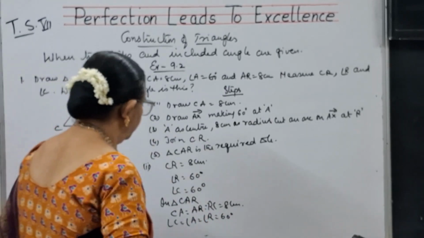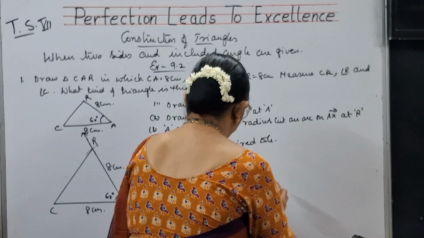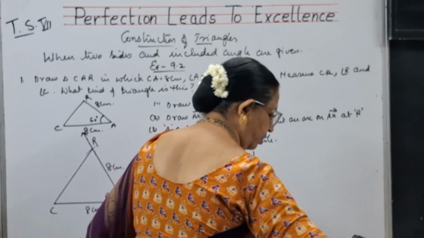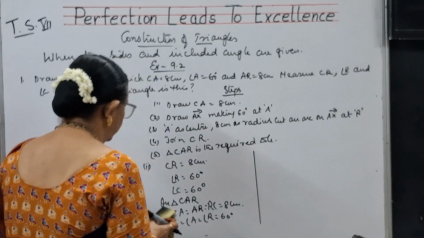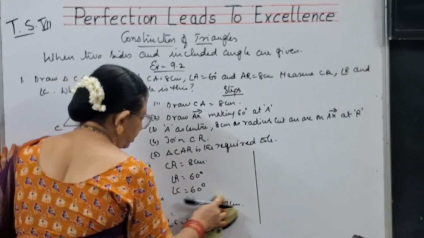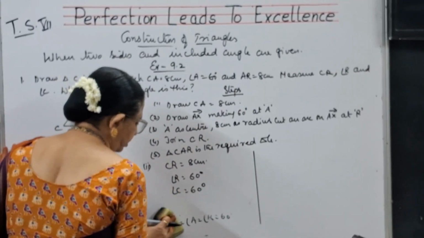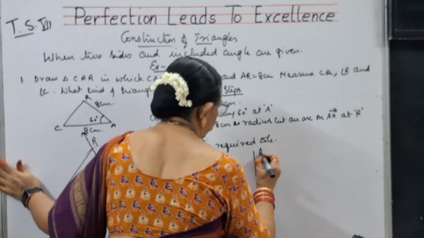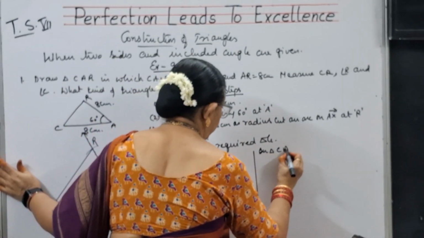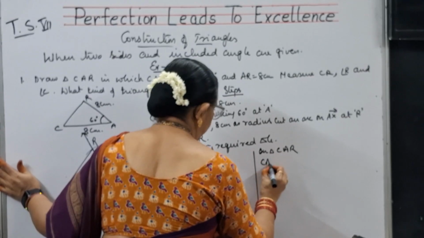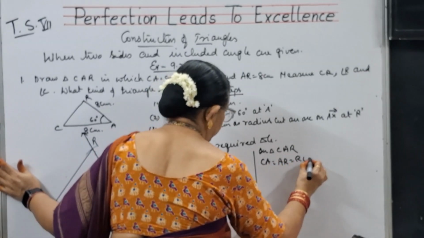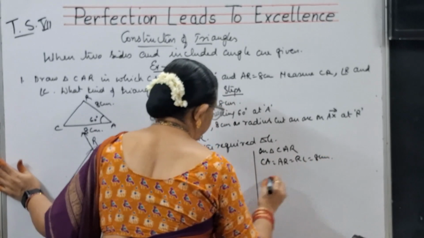So with this, what can you understand? Let me write it, otherwise if I write it here, the total answer will be in one place. I'll write it once again here. In triangle CAR, CA is equal to AR is equal to RC, 8 centimeters.